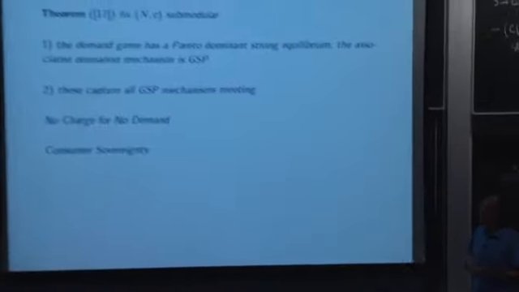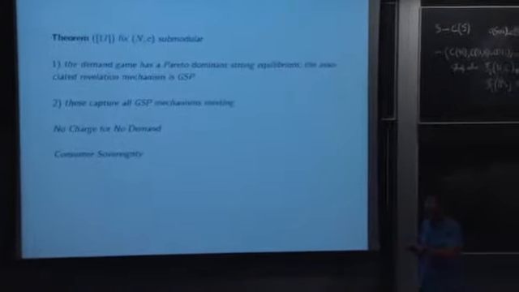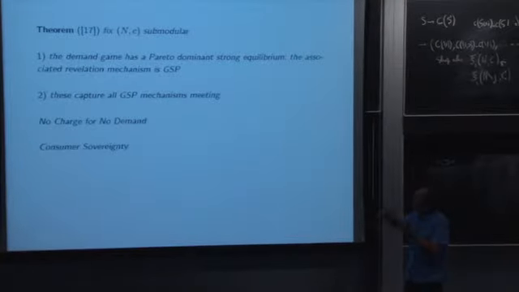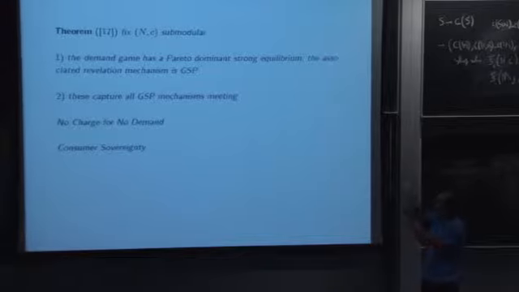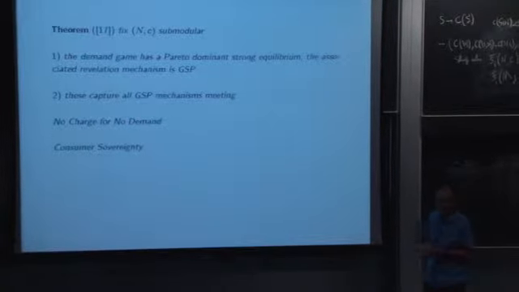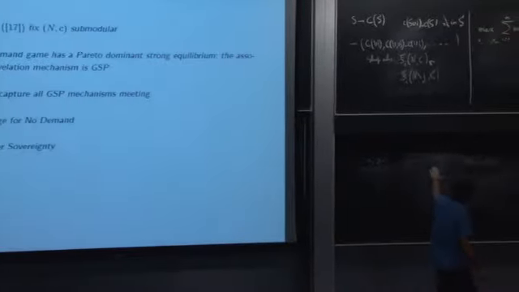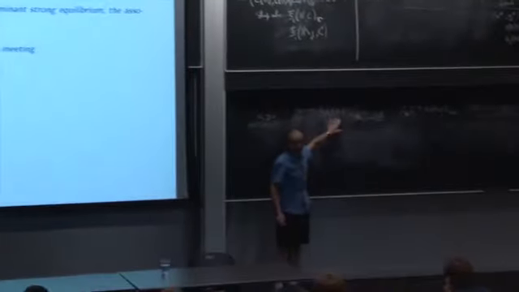So this defines, just like before, a mechanism which has all the strong incentive properties, and it can be characterized. I mean, this class of mechanisms, because there is one such mechanism for every cross-monotonic cost-sharing rule.